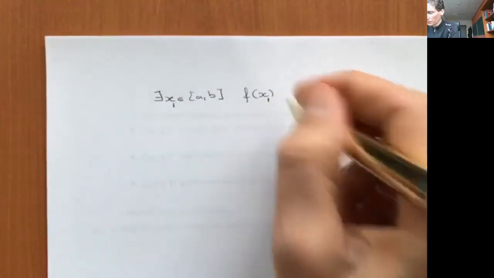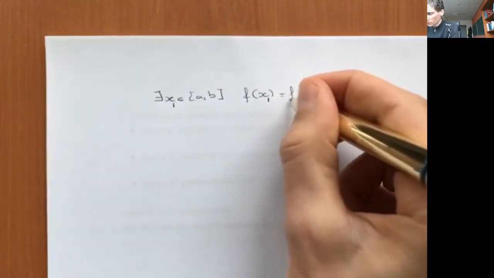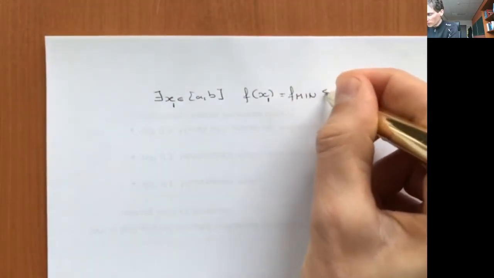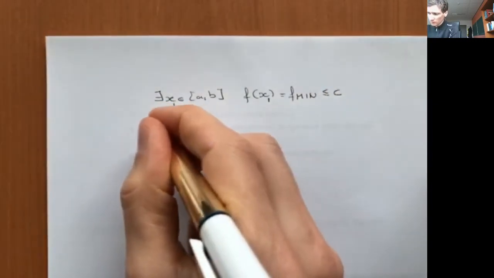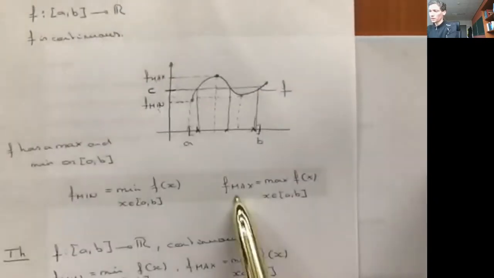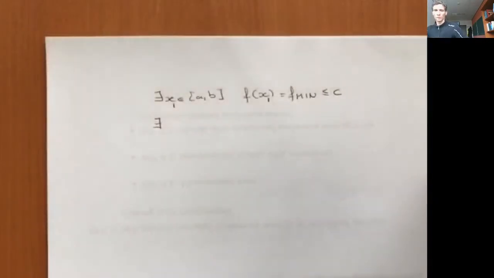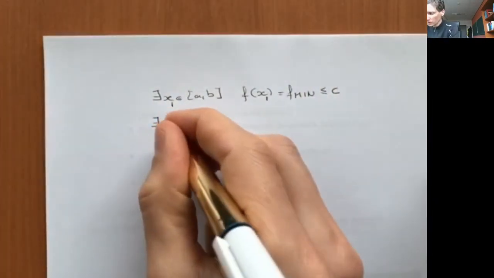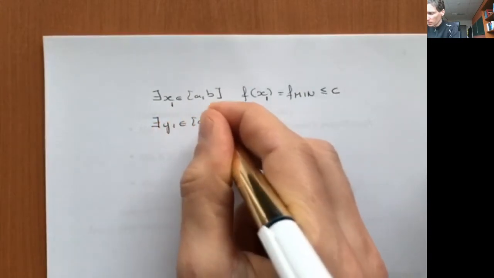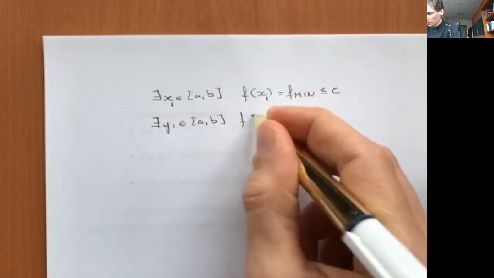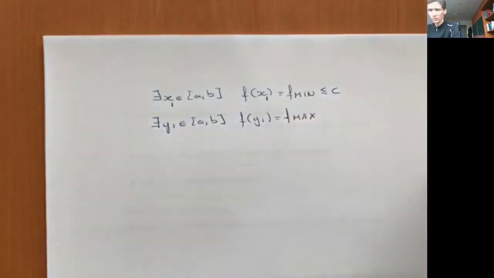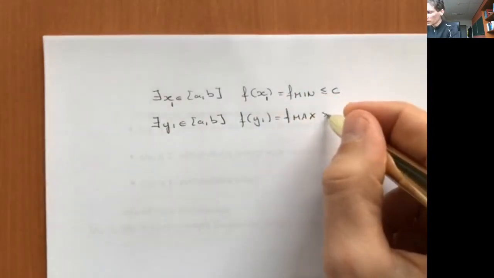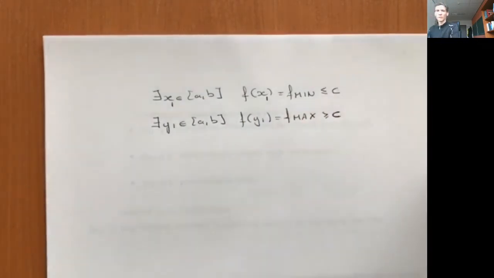This is going to be our lower bound, is equal to f min, and we know that this is lower or equal to our target c. Okay, f max is the maximum value that you can reach of our function. So I know that there exists, let's call this y1 in [a,b], such that f of y1 is equal to the maximum value of the function, and this is greater or equal to our function value c.